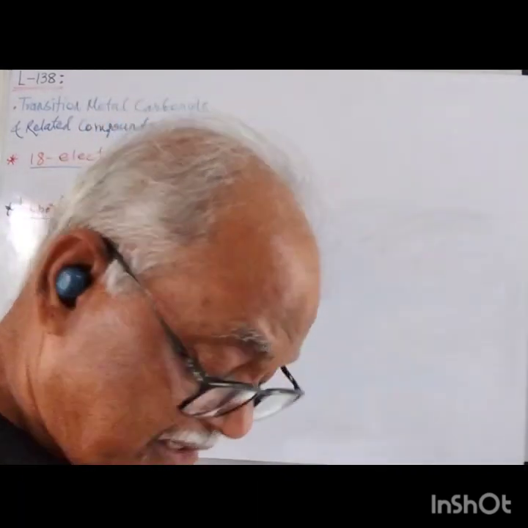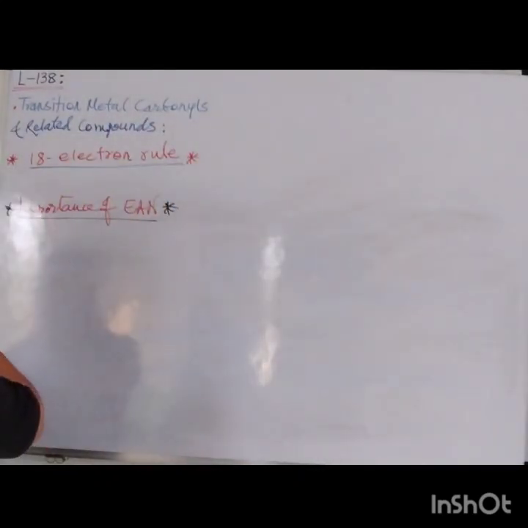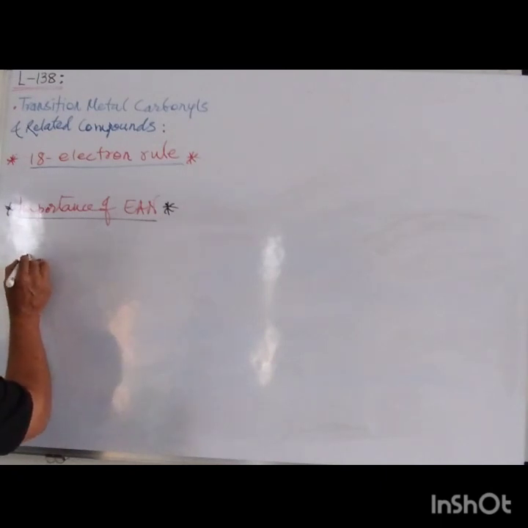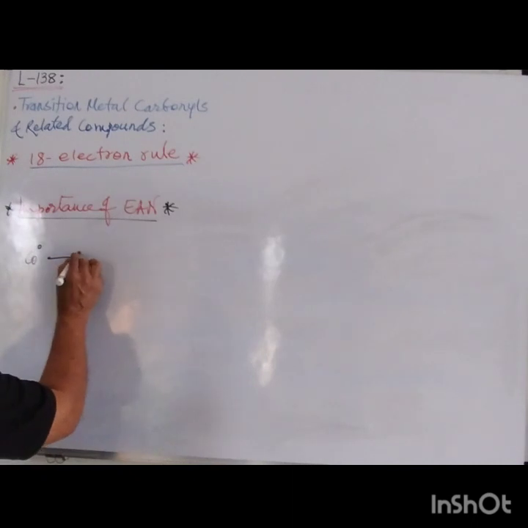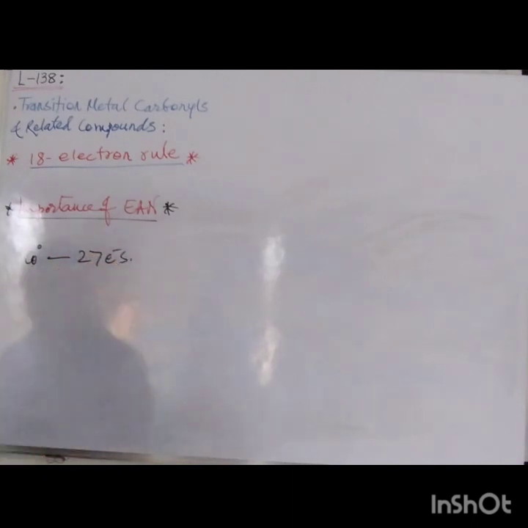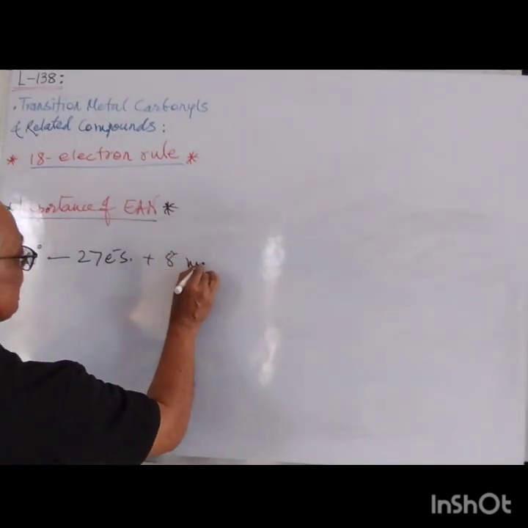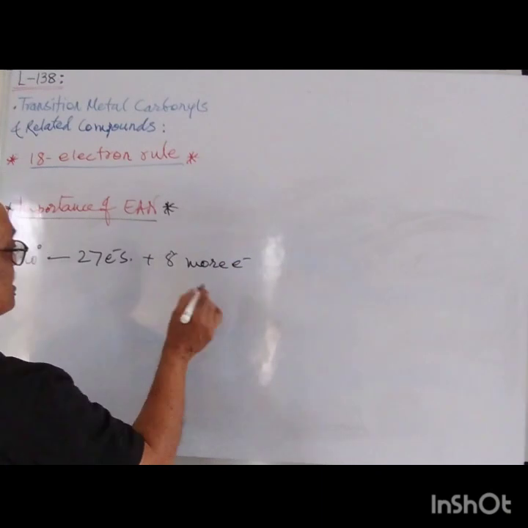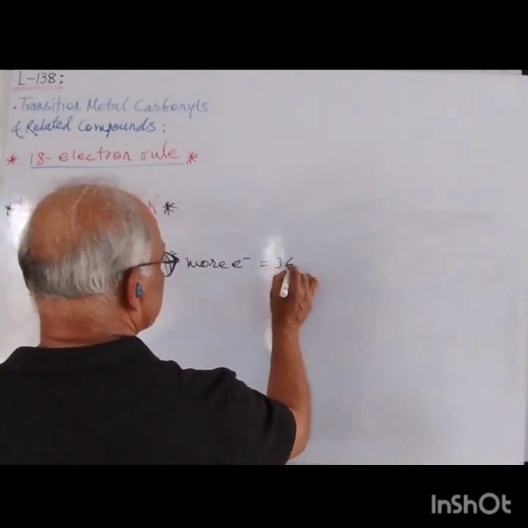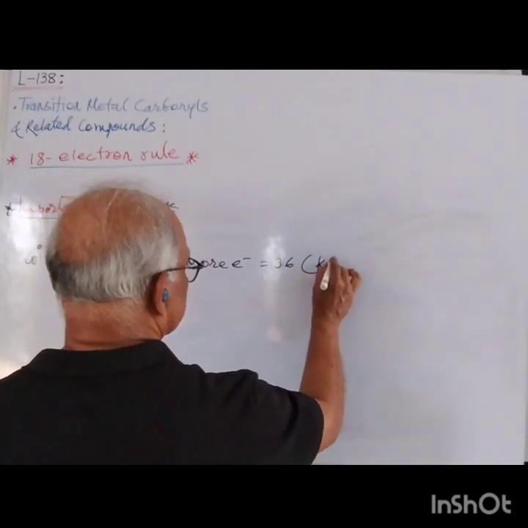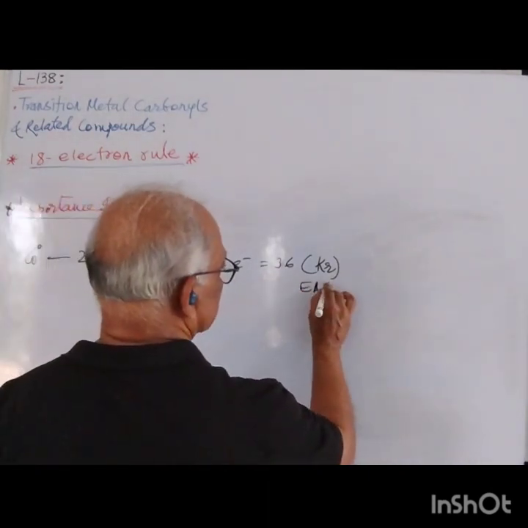Cobalt is another example where cobalt is in zero oxidation state and it has 27 electrons, and it will require 8 more electrons to complete this magic number, that is 36 for krypton, that is effective atomic number.